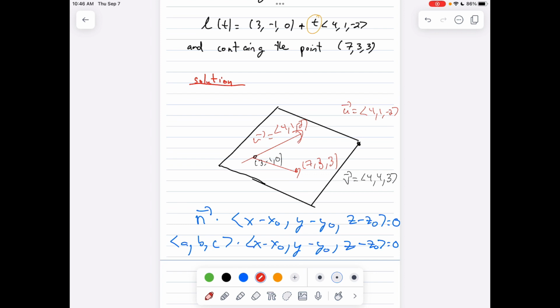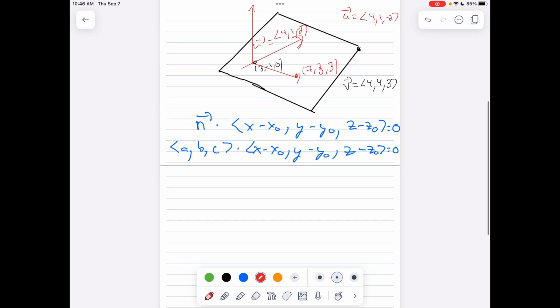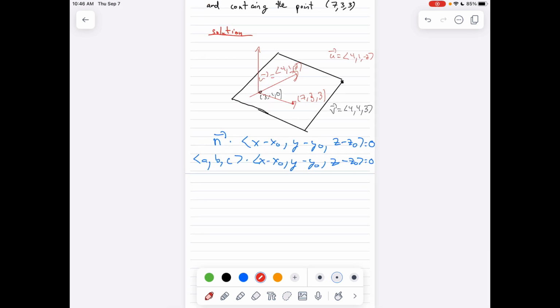Well, we said we need a vector that's perpendicular to that plane. Knowing two vectors that determine the plane, we can find the vector that's perpendicular to both using the cross product. Once you find that cross product, you can reassure yourself that it's the normal vector for the plane.